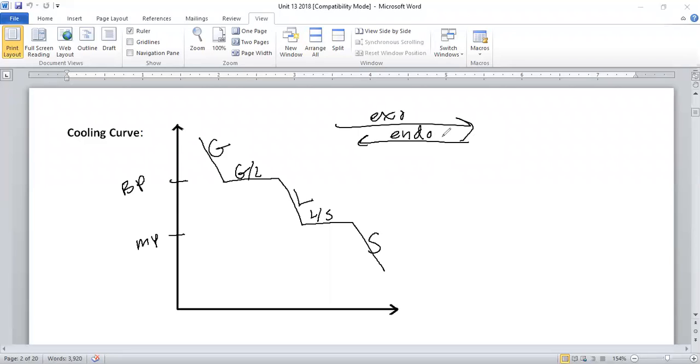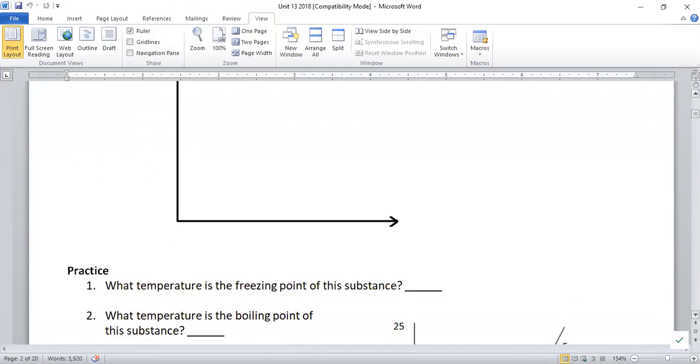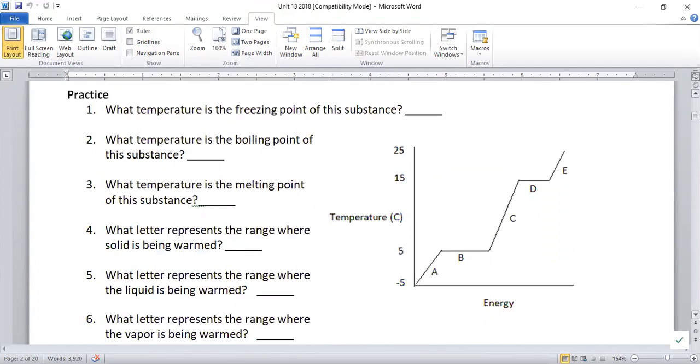Okay, so we're gonna do some practice problems. What I would recommend doing every single time you get this is labeling the heating curve as soon as you see it. You're going to use this heating curve along the side.